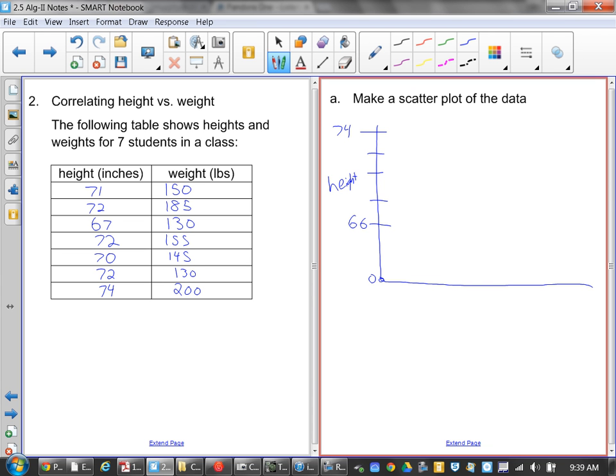Weights, we'll start at like 125 and go by 5s, maybe 10s. Start 135, 145. We'll just do it like that.